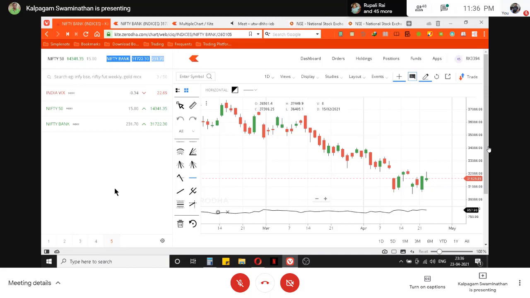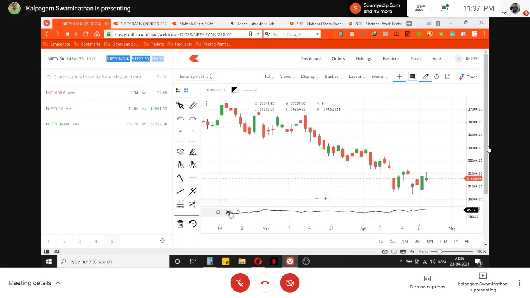So you plotted this ATR indicator on the daily time frame. You want to know how much Bank Nifty moves in a day, no? That is the only reason you do this. Now it is showing 957 today.